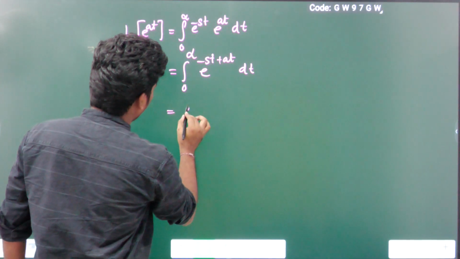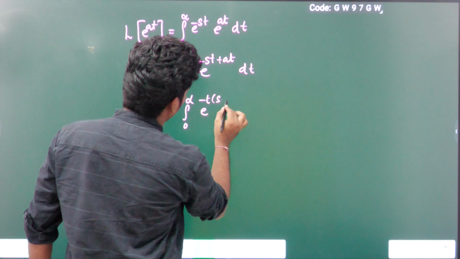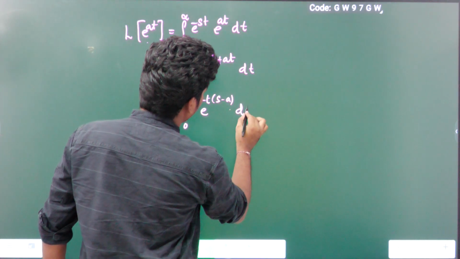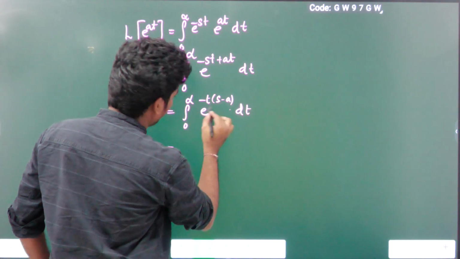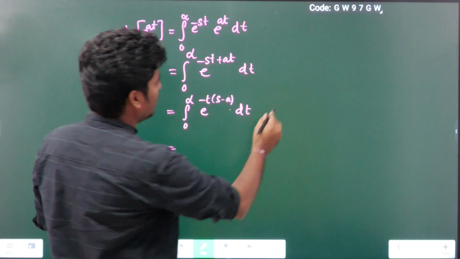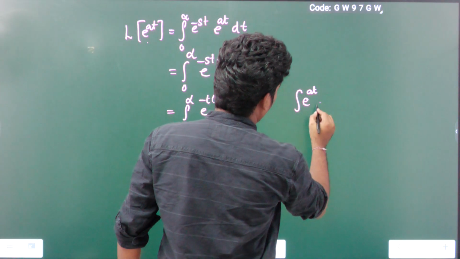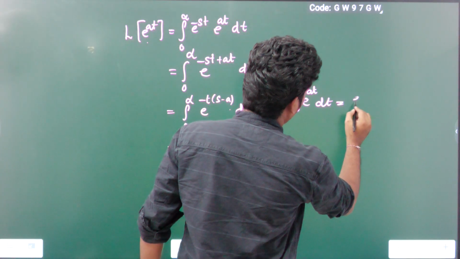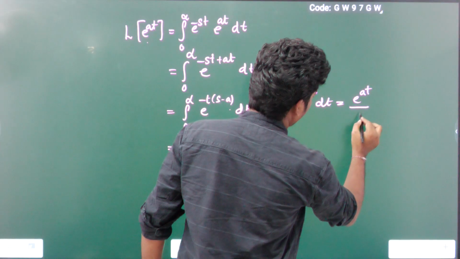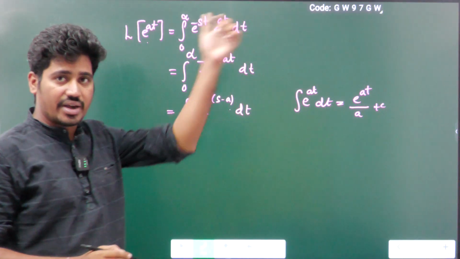If I take t common, s minus a will come, into dt. Now, the integration of e power at dt will be e power at divided by its coefficient of t, which is a, plus c.